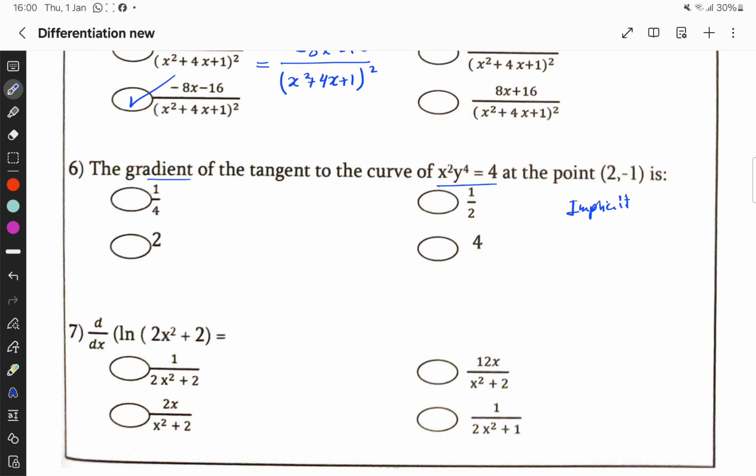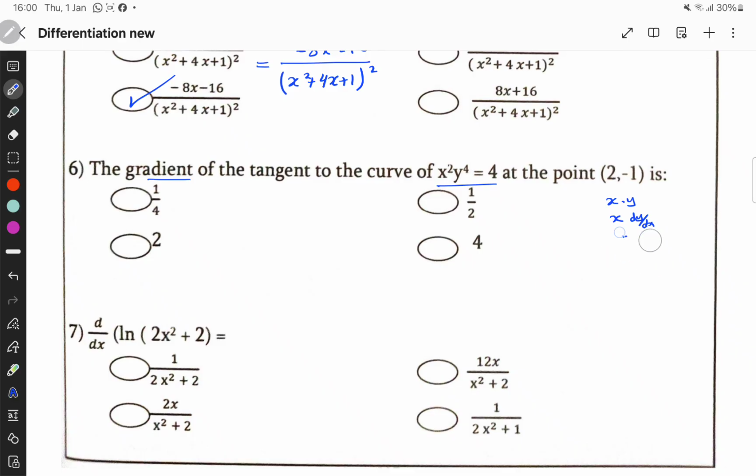And everyone knows that if you have x times y, or x times dy over dx, or x to the power n times y to the power n, all of that represents product rule. Also, if you have y times dy over dx, that represents product rule.